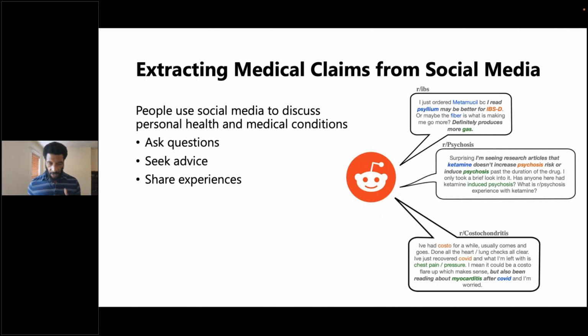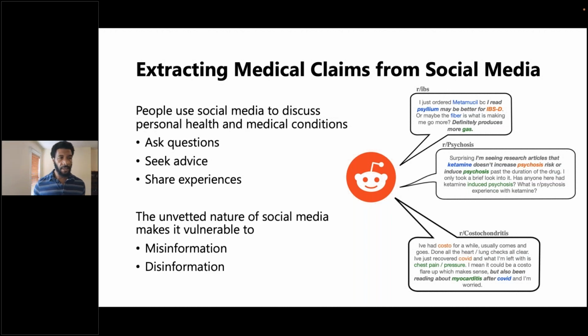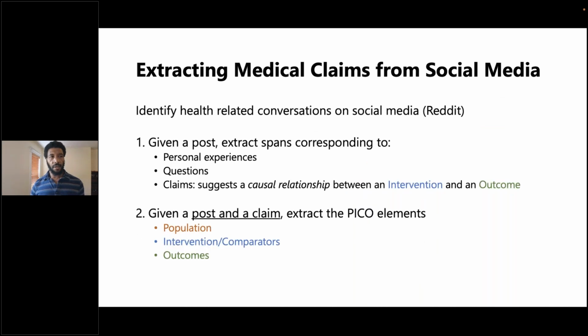However, given the unvetted nature of social media data, it makes it vulnerable to misinformation and disinformation. So we propose this novel task of identifying health-related conversations on social media, and we looked specifically at the Reddit platform. And so the task is as follows.